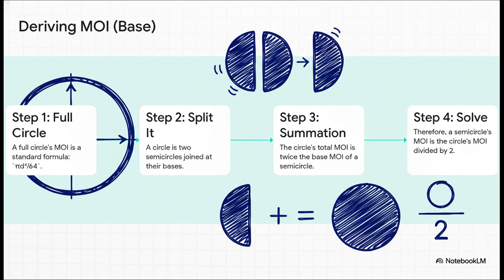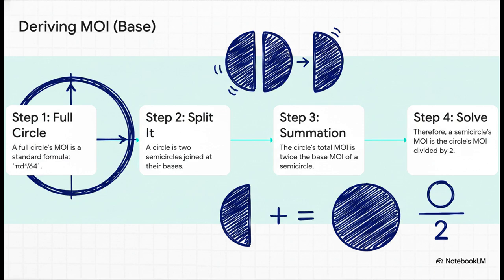We start with a standard formula we already know. The MOI of a full circle about its diameter is pi d to the 4th over 64. Now just picture it. A full circle is nothing more than 2 identical semicircles glued together at their bases. So it makes perfect sense that the total MOI of the circle is just the sum of its 2 semicircle halves.